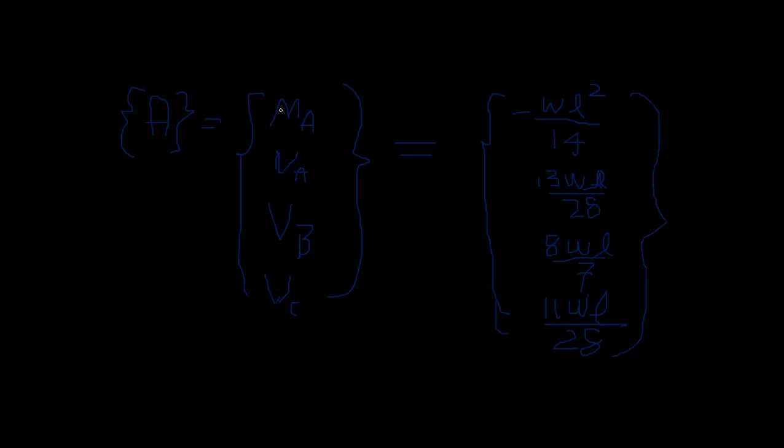So this brings you MA is minus, so that means we consider clockwise, so MA is actually in the anti-clockwise direction, and VA is positive, as VB and VC, so those are in the positive directions. Okay, thank you very much.